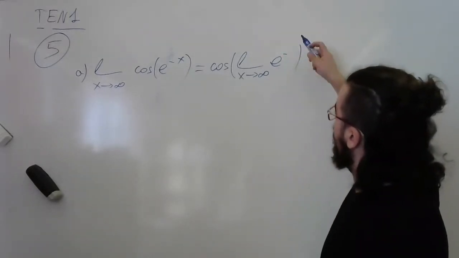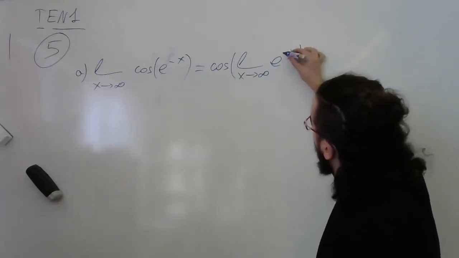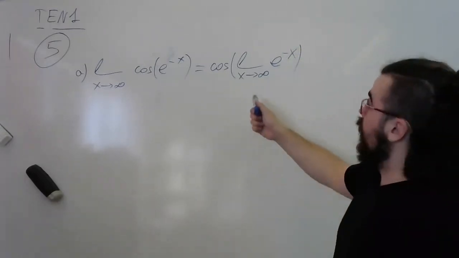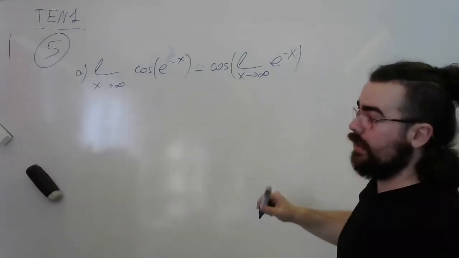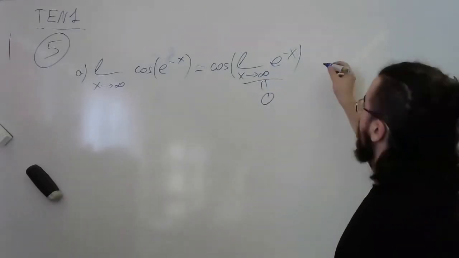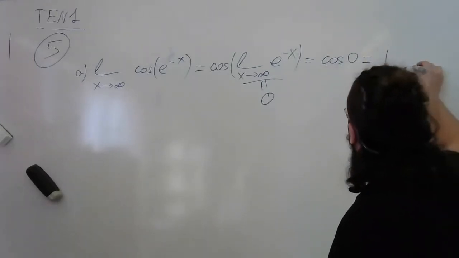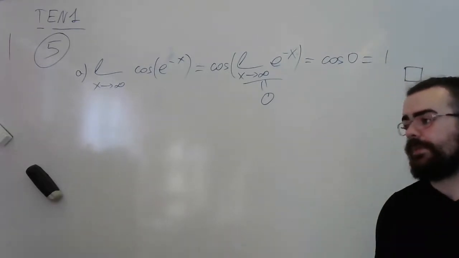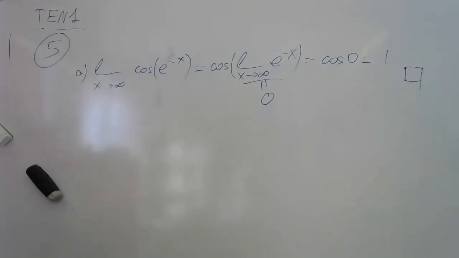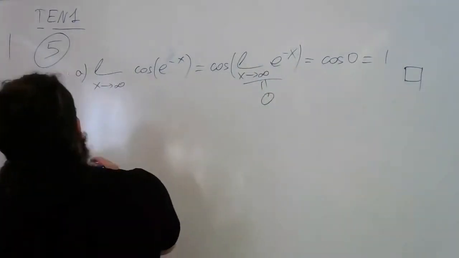We move the limit inside. What's this? This limit is 0. So all this thing is the cosine of 0, which is equal to 1. Beautiful, fast, quick, efficient, just the way I like them.